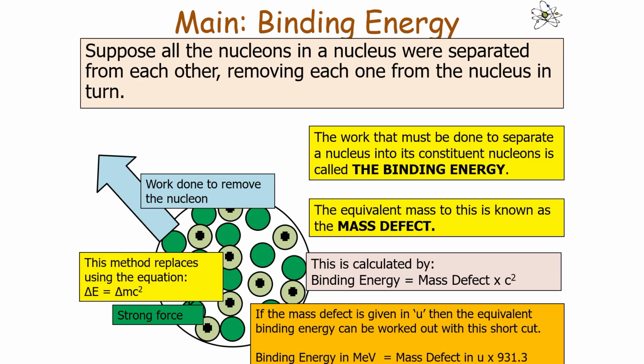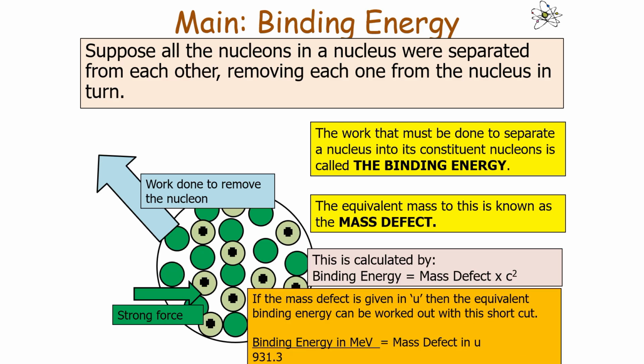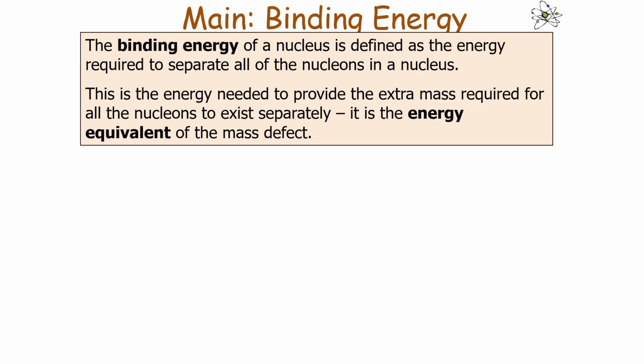This method replaces the equation delta E equals delta m c squared. We can also rearrange that and work out our mass defect in u by doing our binding energy in MeV divided by 931.3. To clarify, the binding energy of a nucleus is defined as the energy required to separate all of the nucleons in a nucleus.